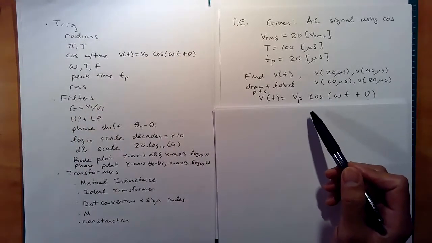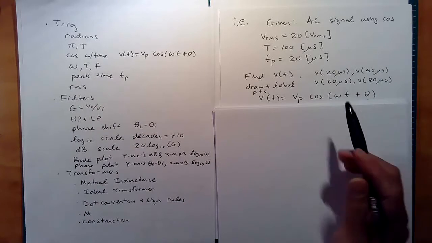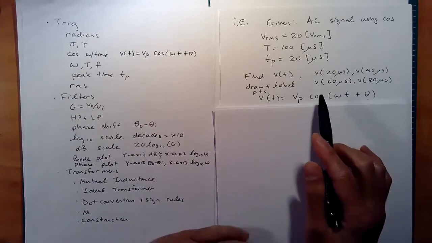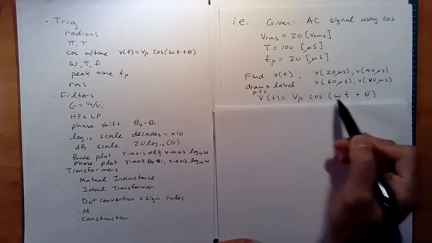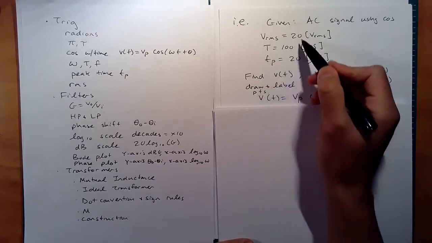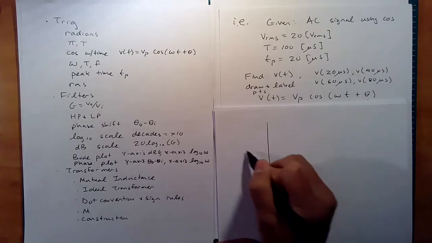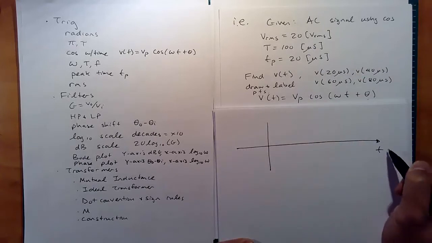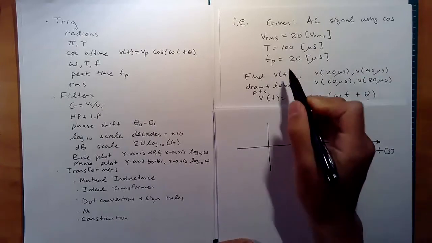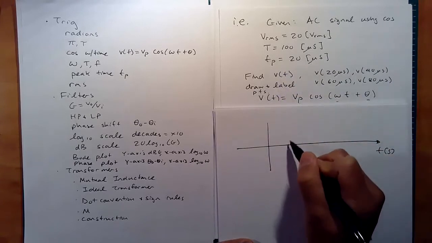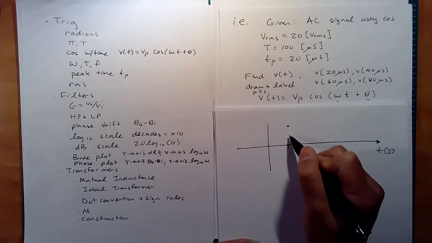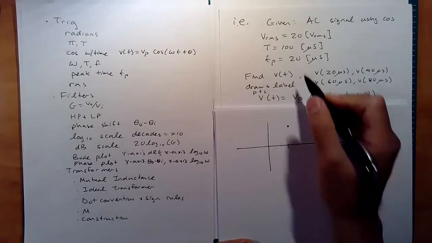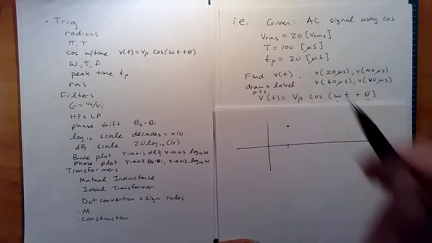Okay. So before we even do the math, I like to get a physical intuition of what's going on first, right? Even before we get the equation, let's draw it. Let's draw what we think this is going to be. So if I draw it here, here's time in seconds. They're saying that the peak time occurs at 20 microseconds, which is here. And then they say that the period is 100.